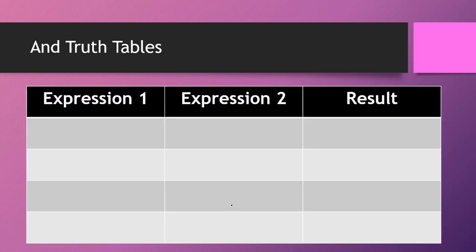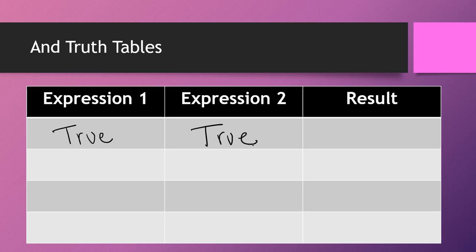So let's say we're talking about and truth tables. When I'm looking at and, there are a couple of different values my expressions could have. Let's say expression 1 is a true statement, and expression 2 is also a true statement. So they're both true.